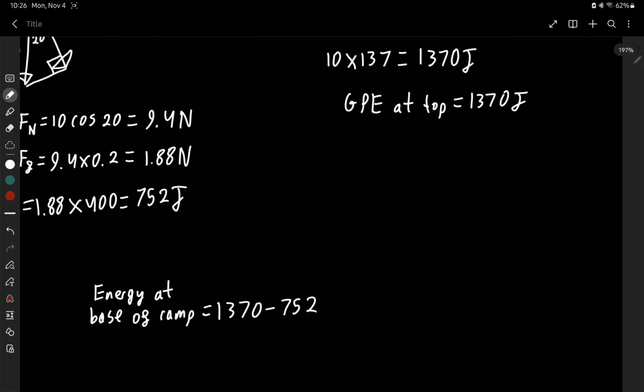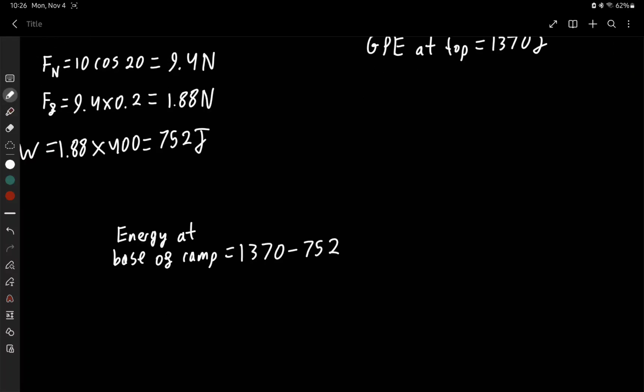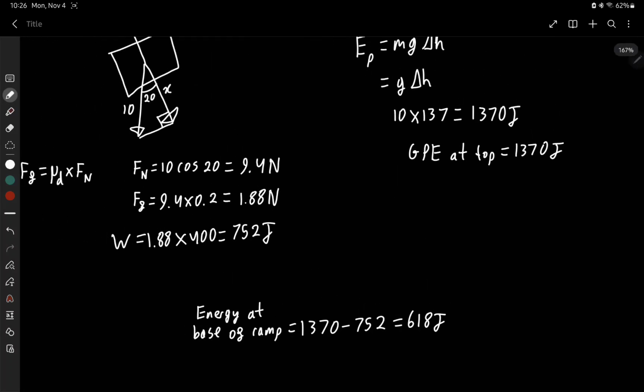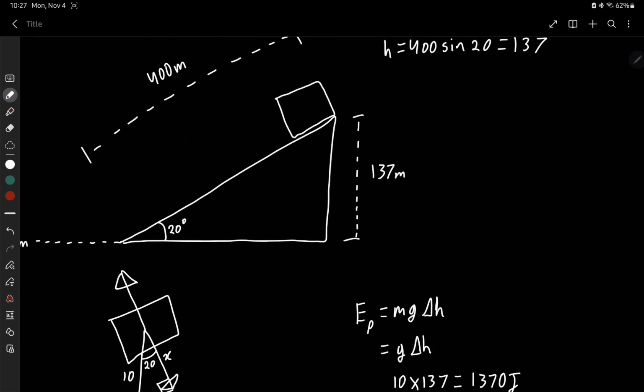That's simply 618 joules. So that's the energy at the bottom of this hill.